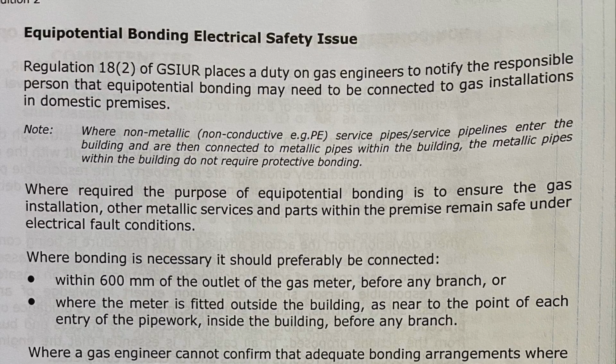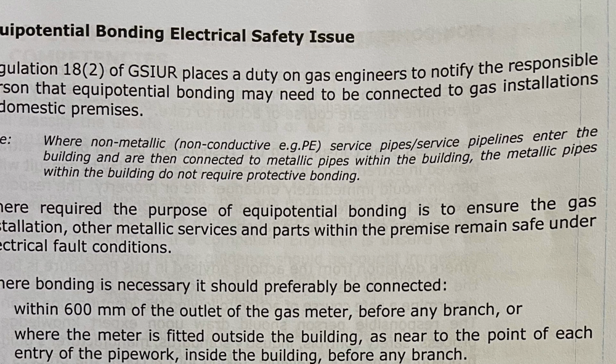Now, let me read you this 3.3.2 from the IGEM G11 Unsafe Situations Procedure. It says, Regulation 18.2 of the Gas Safety (Installation and Use) Regulations places a duty on a gas engineer to notify the responsible person that equipotential bonding may need to be connected to gas installations in domestic premises.